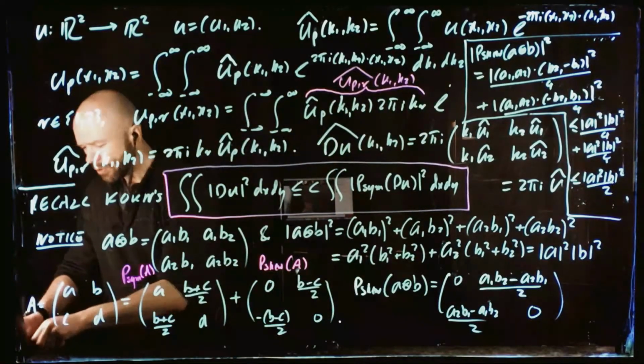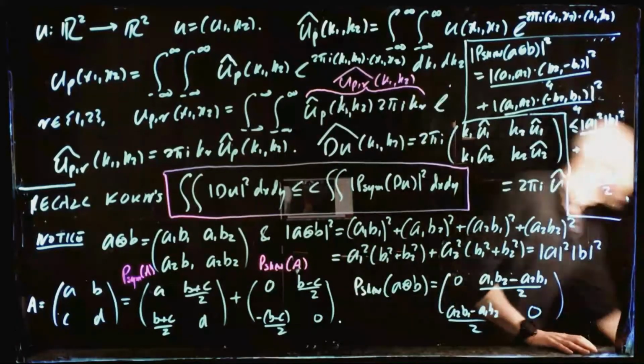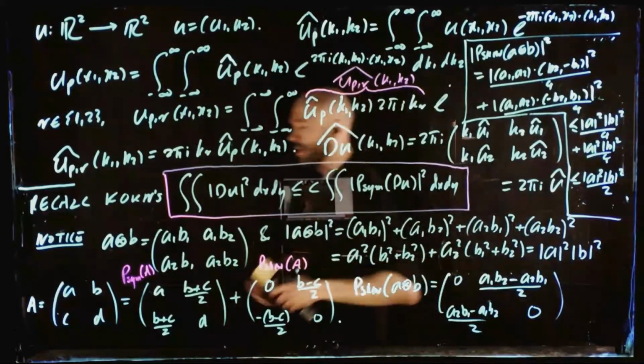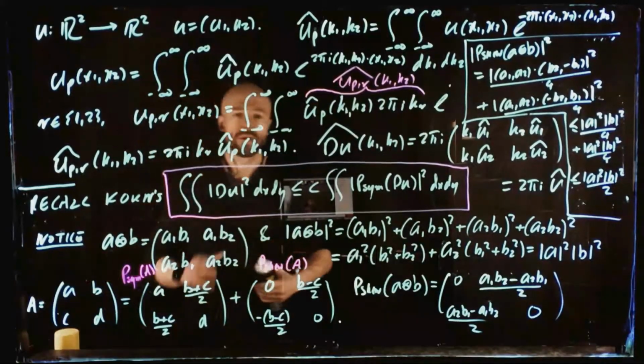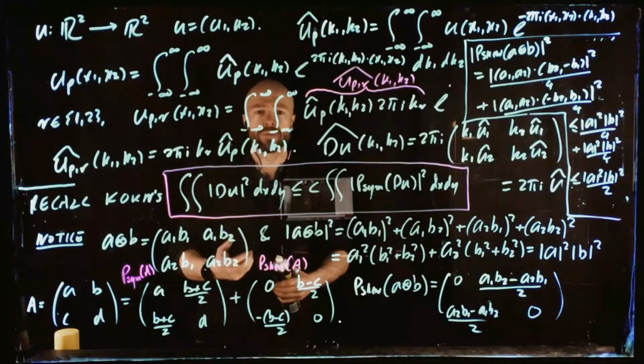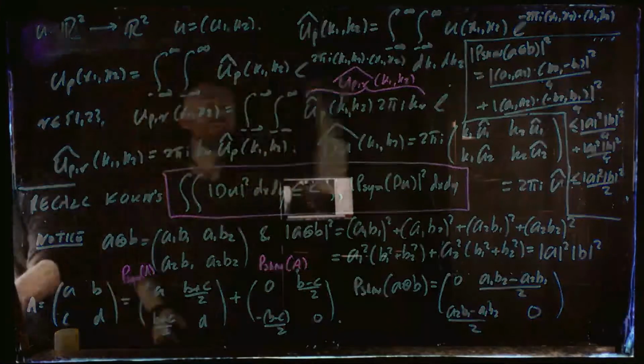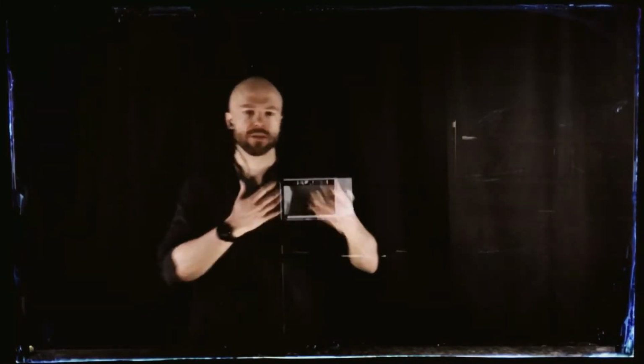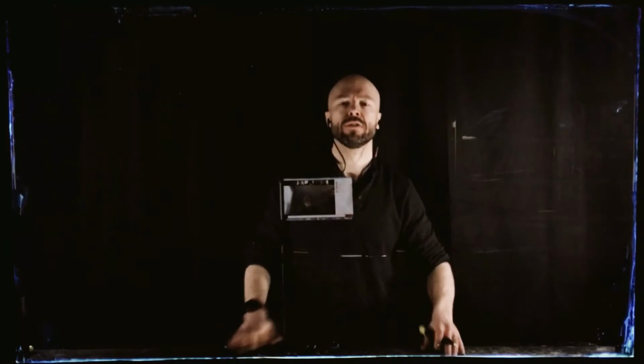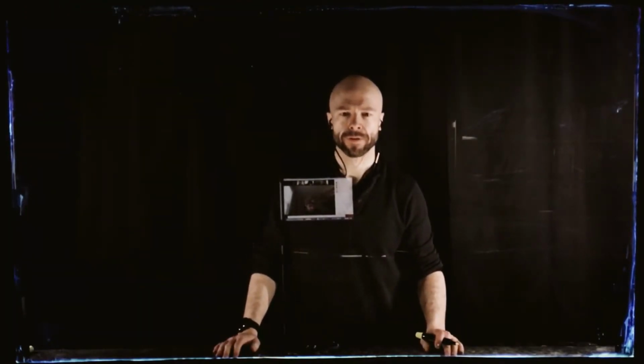I want you to tell me why that is useful for us. In particular, what does that tell us about controlling the norm of the rank 1 matrix in terms of controlling the norm of the symmetric part of it?